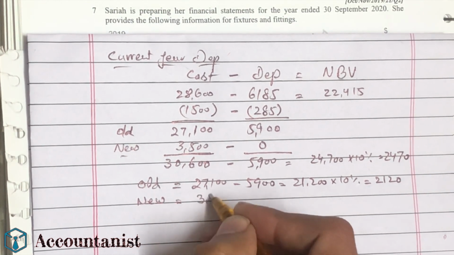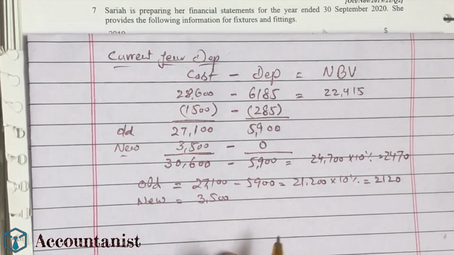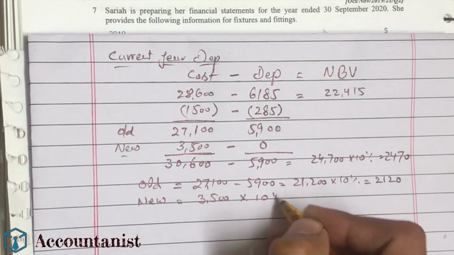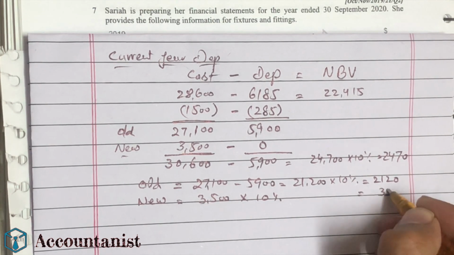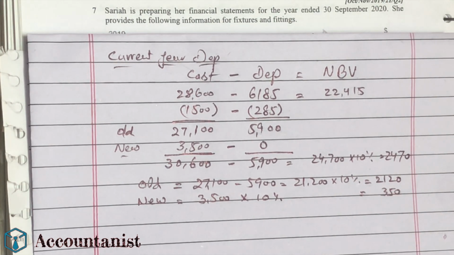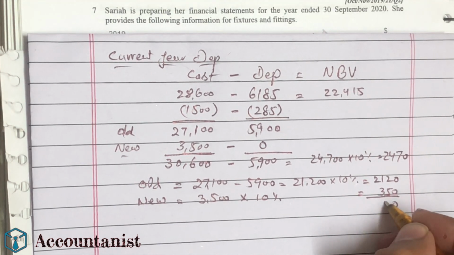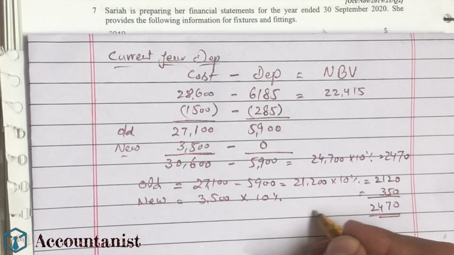And the new asset I can calculate separately. It's 3,500, as there is nothing to deduct because it's a first year one. So I can straight away apply 10% on cost, which gives me 350 of this new asset depreciation, and gives me the total value of depreciation again 2470.